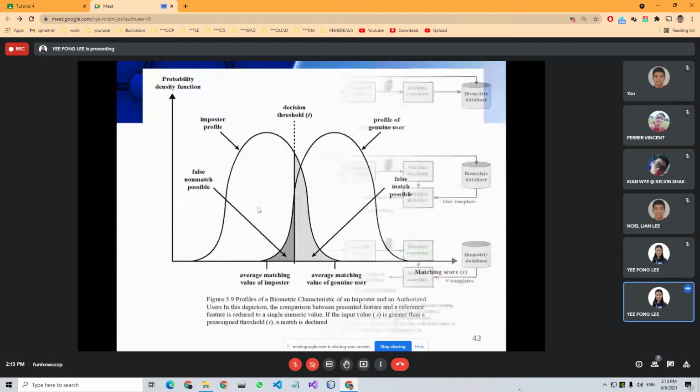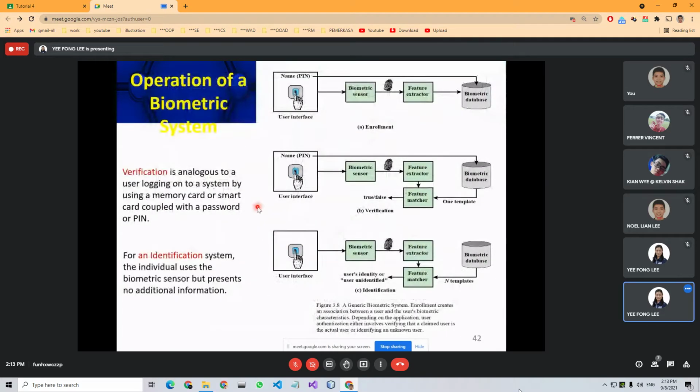Hang on, come back to here. The system digitizes the input and then extracts the features, which are stored in the system with the individual's unique biometric characteristics. So this digitized data needs to be compared with the system database.